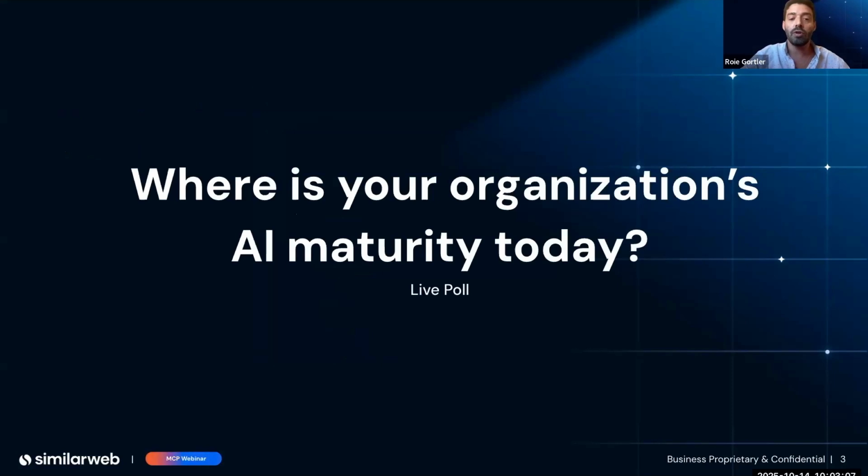Is it the operational status with a few production workflows already running? Or are you already scaling with multiple functions, standardized governance? Or do you think you're already at an advanced stage with AI native practices across the organization? So we'll give it just a few seconds for you to answer, and we appreciate your engagement. We should see the results coming very shortly.